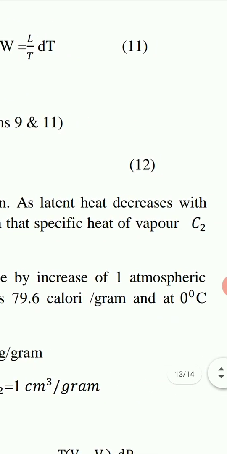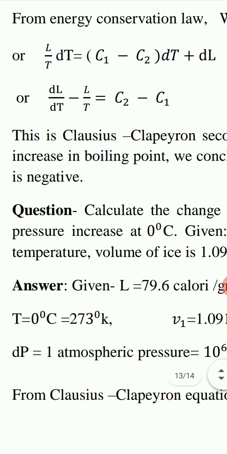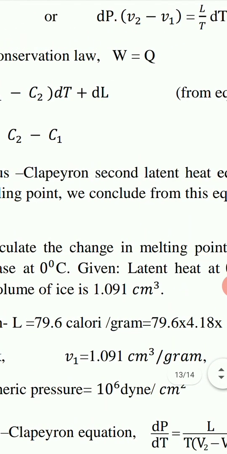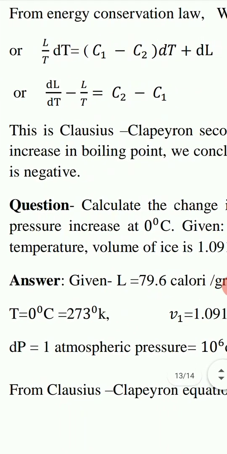As latent heat decreases with increase in boiling point, in this expression dl upon dt, T is boiling point. At boiling point, liquid state converts into gaseous state. So T is boiling point, and L latent heat decreases with increase in boiling point.